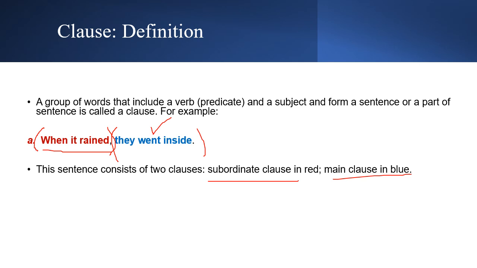This sentence on its own is a complete sentence, so that's the main clause, and this is an incomplete sentence. This main clause can stand on its own, can give you full sense, but this one needs this one to make sense. So the subordinate clause needs the main clause to give full sense. That's why it is dependent on this. It is subordinate to this.